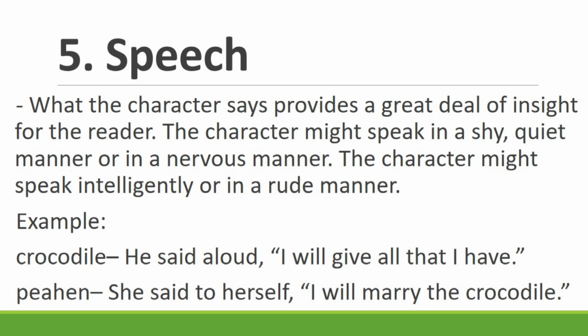Since she thinks that marrying the crocodile is a jackpot, because she thinks that the crocodile is really rich and is really looking for a good wife, she actually decided that she will get married to the crocodile. So these are the words or the things that the character says, and they can provide us a good characterization of the characters.